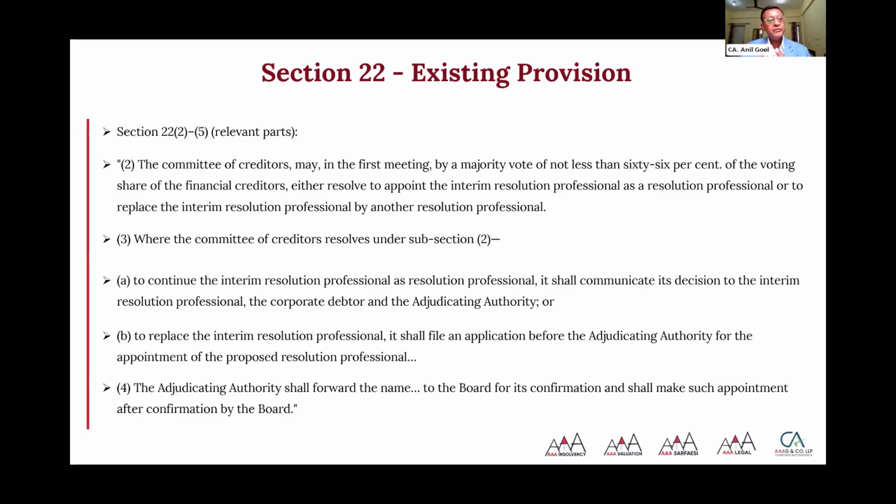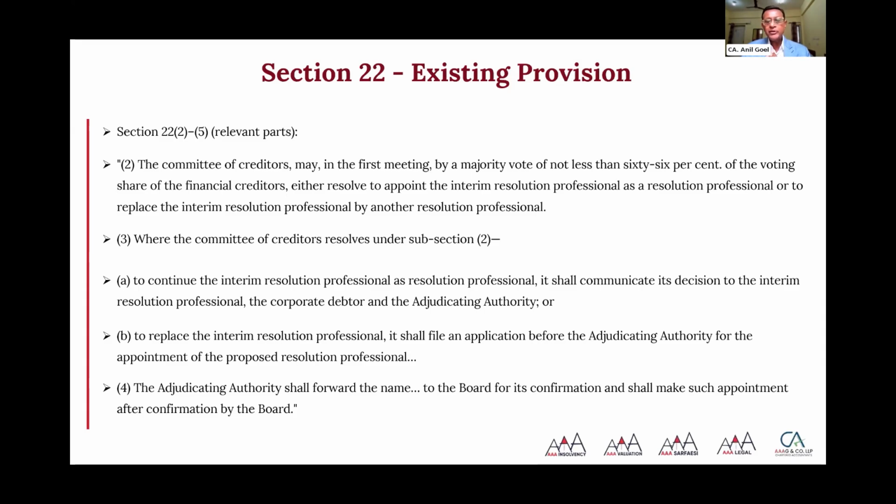Now, the relevant part of Section 22, subsection 2 says the committee of creditors may in the first meeting, by a majority vote of not less than 66% of the voting share of the financial creditors, either resolve to appoint the IRP as a resolution professional or to replace the IRP by another resolution professional.